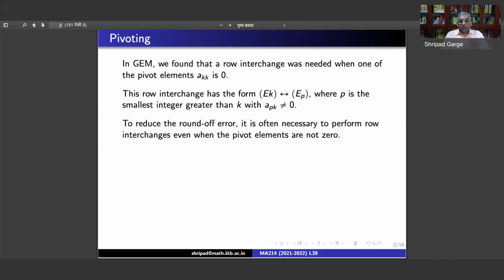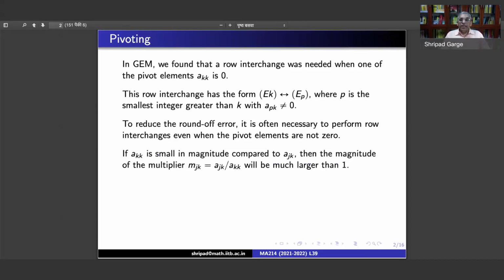So what happens is that if you have AKK which is not 0 but it's very small in magnitude compared to AJK, then the magnitude of the multiplier MJK, which is AJK upon AKK, will be much larger than 1.